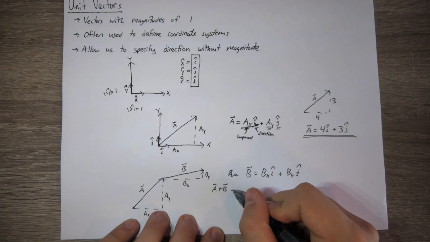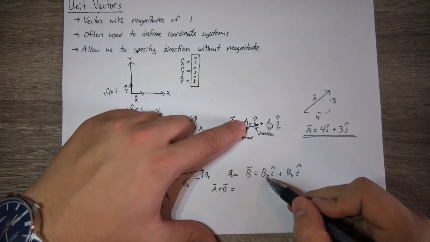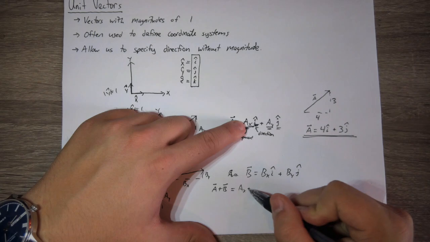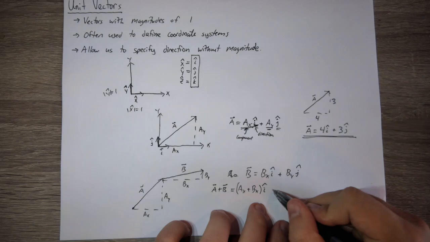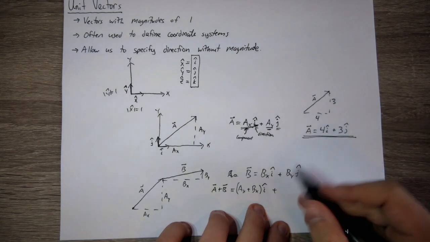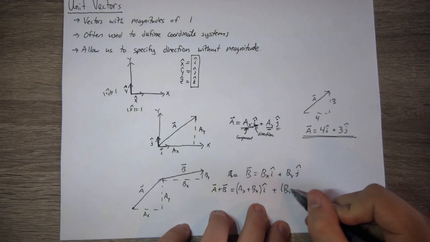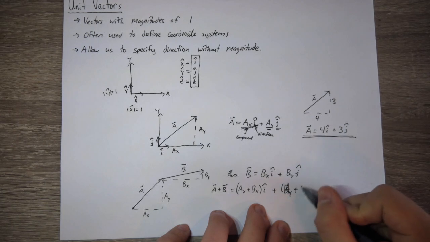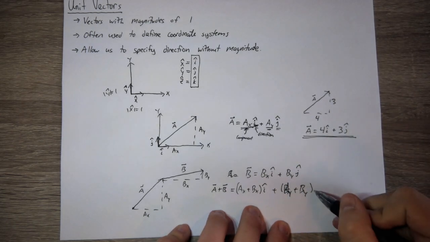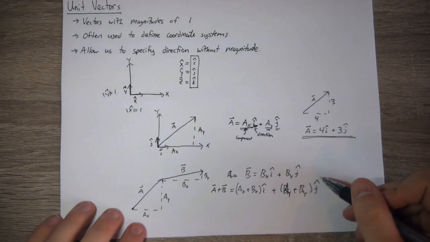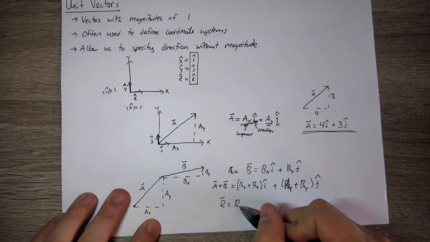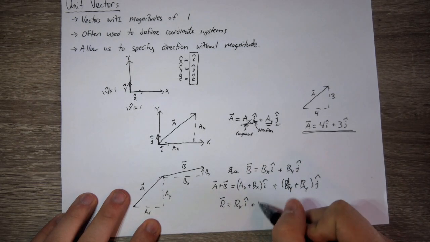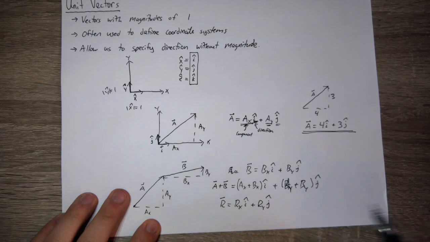And then adding them together, you just combine the x terms and then you combine the y terms, that's ay plus by. And then that would give you your resultant vector like so.